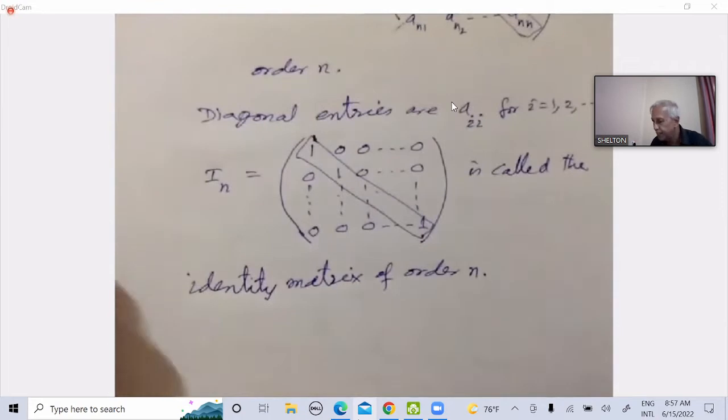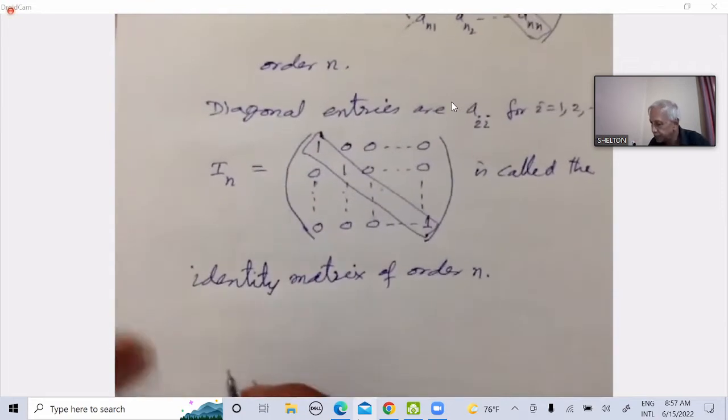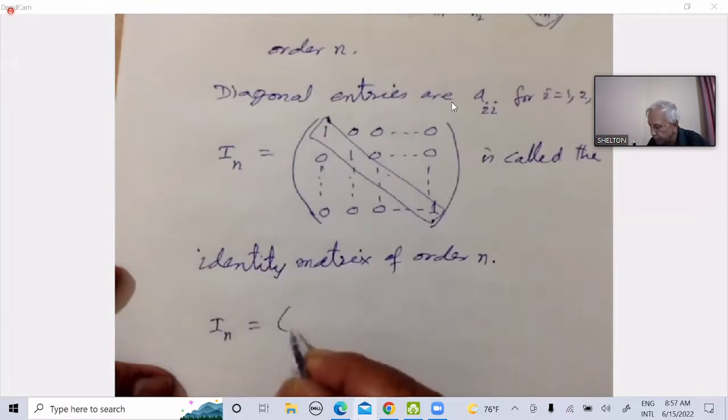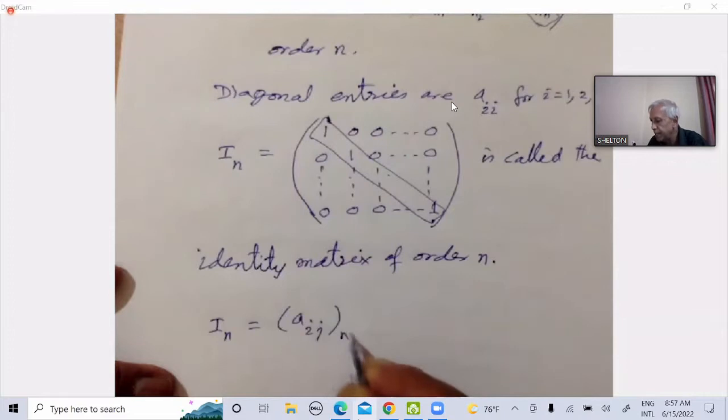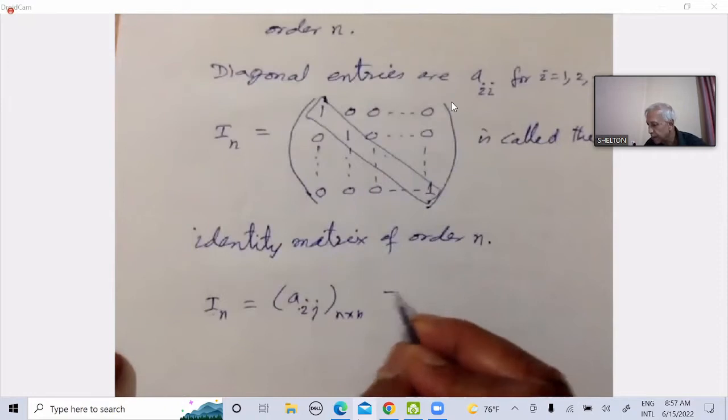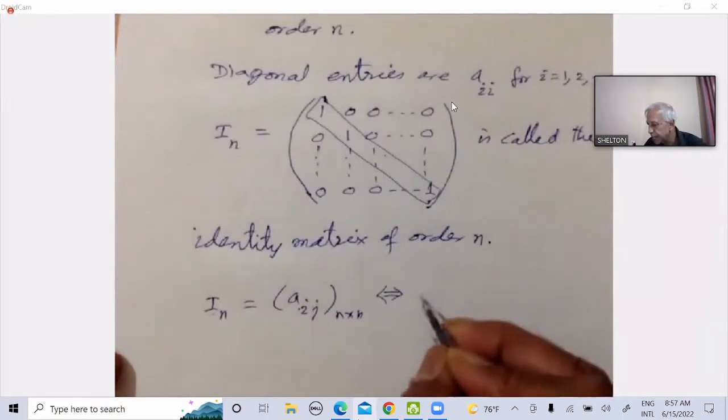So how do I write the identity matrix of order n? Another way to say that is, if I_n equals A_ij, n by n, and this is the identity matrix, what can you say?